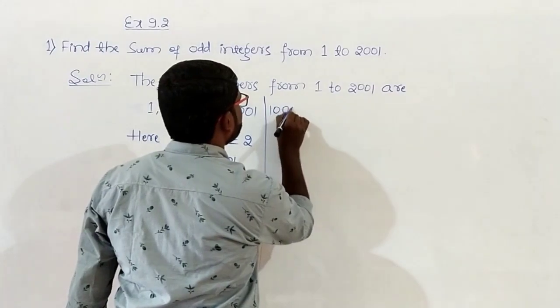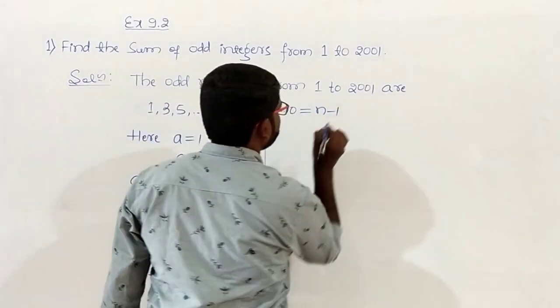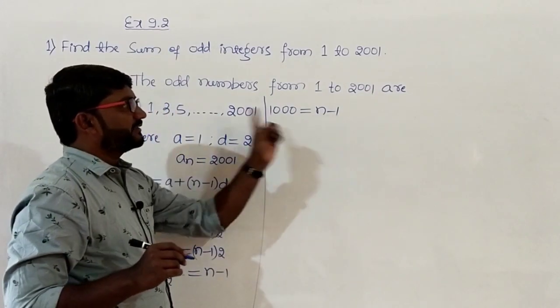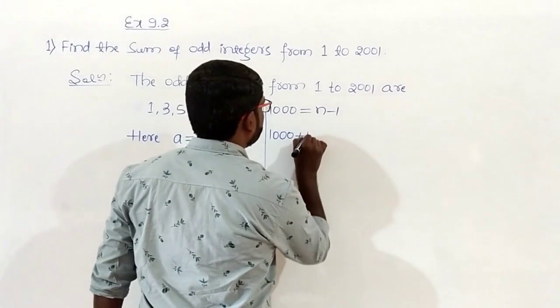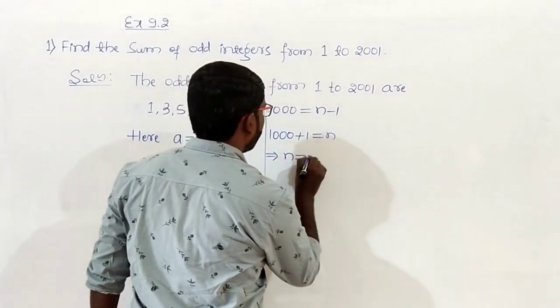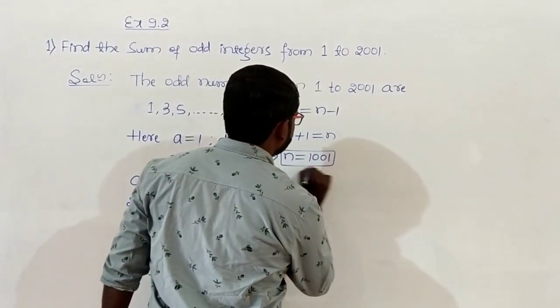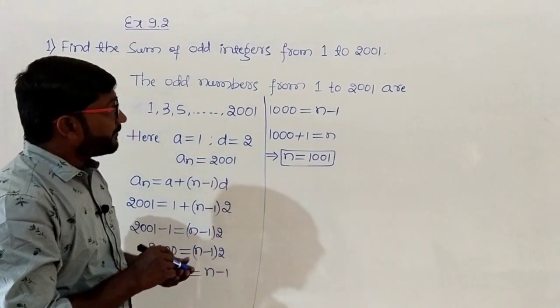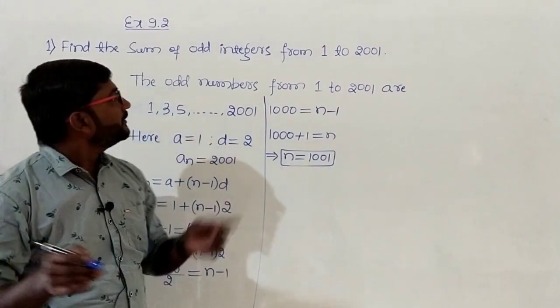So 1000 is equal to n minus 1. Then take minus 1 to the LHS, it becomes plus 1. So 1000 plus 1 is equal to n. So this implies n is 1001. That means overall from 1 to 2001 there are 1001 odd integers.